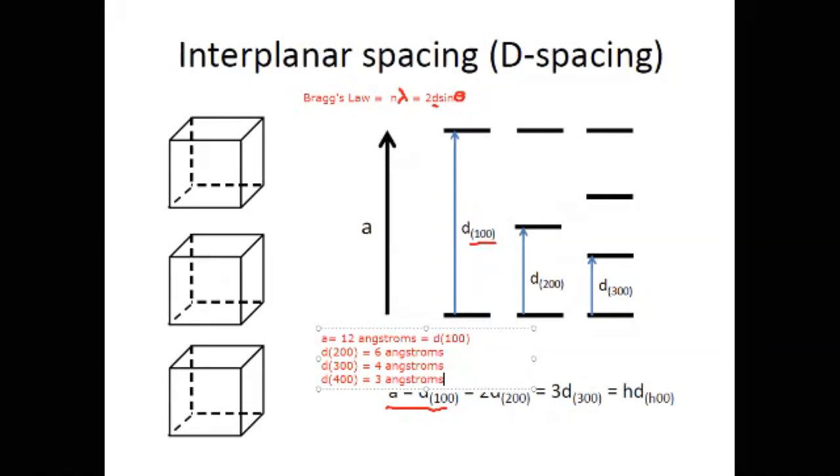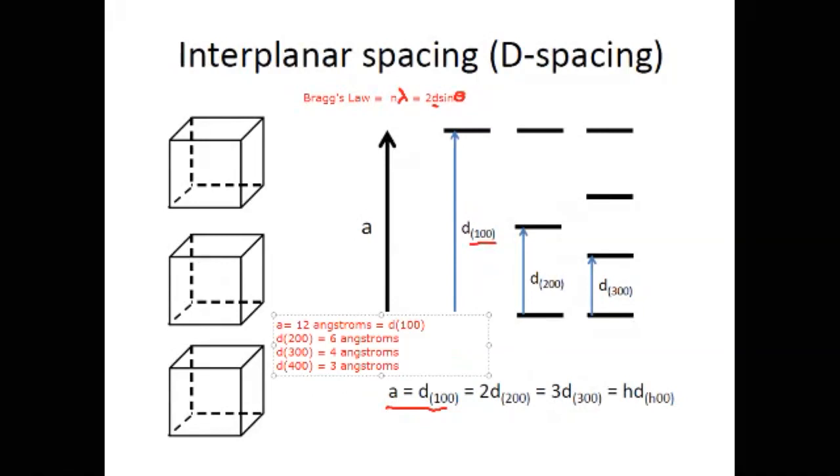This can go both ways. By knowing the D spacing, you can determine the unit cell axis lengths, or if you know the unit cell axis lengths, you can calculate the D spacing for the different equivalent reflection planes. And this would be the same whether you had the 100, the 010, or the 001 reflection planes. So if it was a 010, that's the B axis.